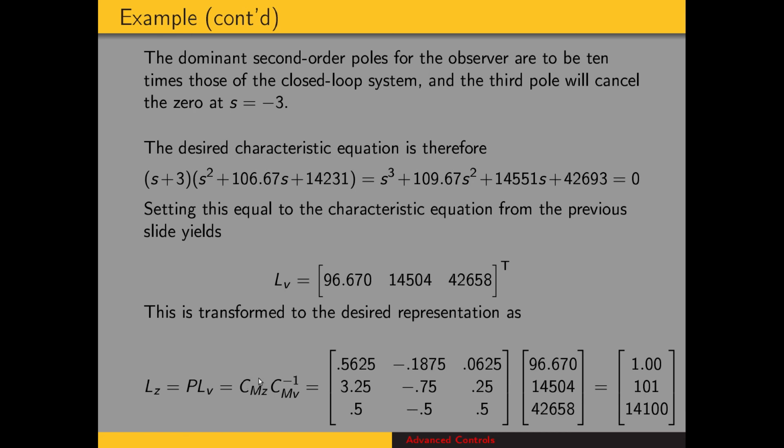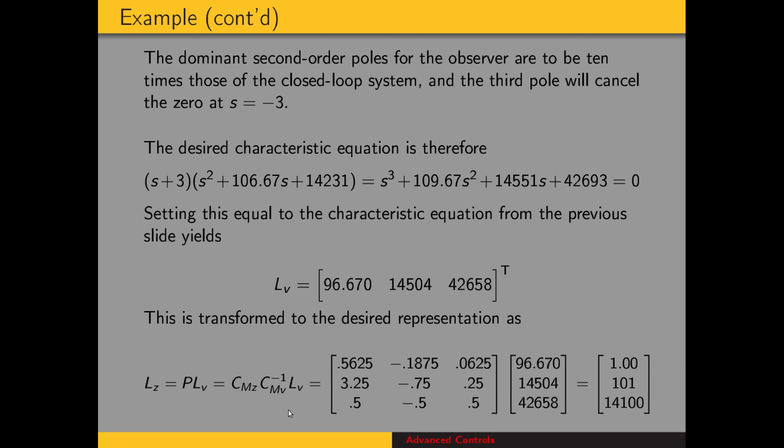The controllability matrix for the system with z bar that we already have, times the controllability matrix for this observer canonical form. And I left that off for this slide and instead just gave the result. Oops, this equation has an error. Let me fix that. Excuse me, in that previous version I had left off the observer gains L sub V. Okay, so we've got the new transformation matrix using the controllability matrix for the observer canonical form, and we multiply that by L sub V. And here is the new transformation matrix.